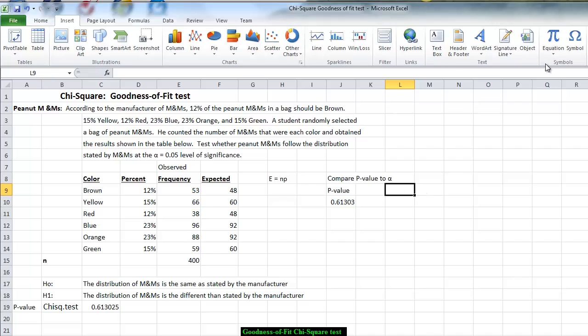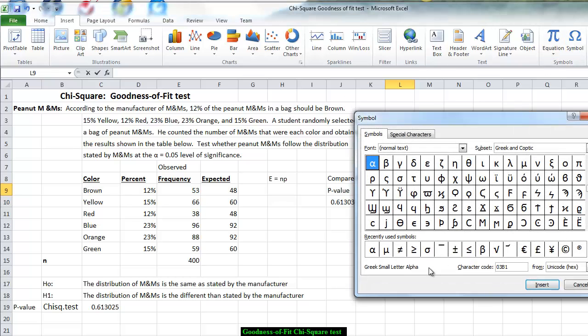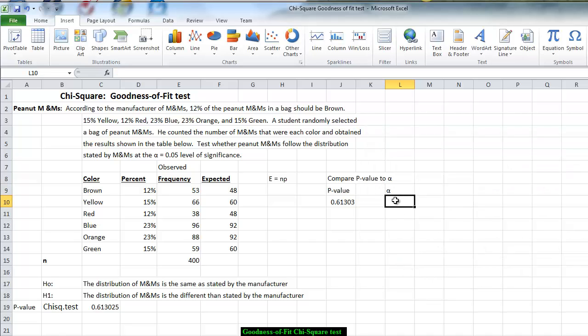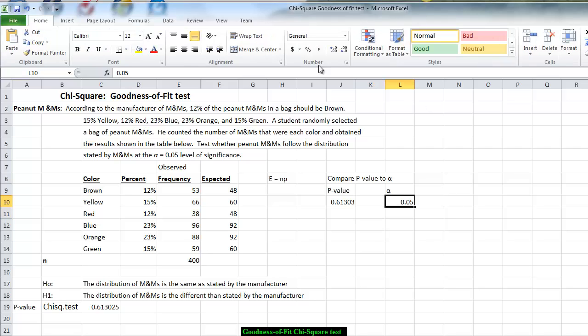And the alpha is the number we are given in our paragraph, so our alpha is 0.05. I would like the same number of decimal digits for the comparison, and that looks good enough. So it looks like the p-value is greater than the alpha, and now we can draw our conclusion.